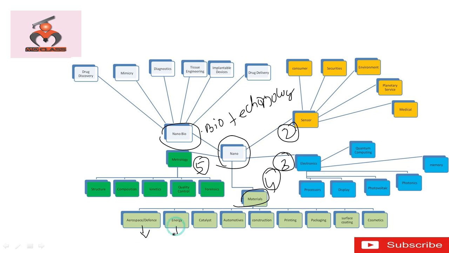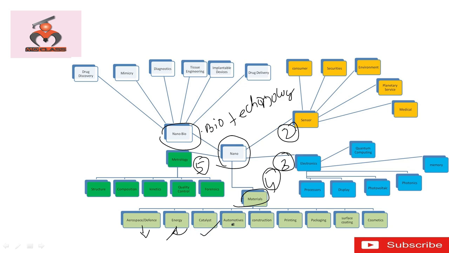In energy sectors like petrochemicals, solar energy, and bioenergy, we can have very highly efficient systems compared to conventional systems. As a catalyst, due to the very small size, nanomaterials provide very high surface area, so they can act as a catalyst to accelerate the reaction.